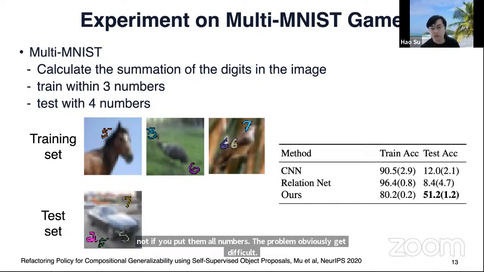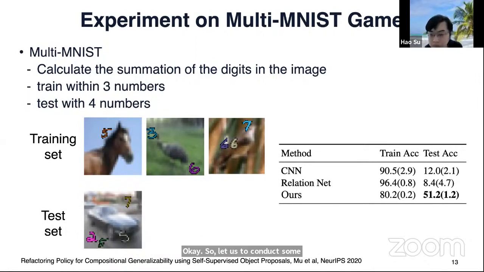Okay, so let us conduct some basic experiments. We have tried a convolutional neural network, a relational network, and a graph neural network. Here, ours refers to a variant of the graph neural network. After we train the networks, we test them. We could test them on graphs with 3 nodes or 4 nodes.